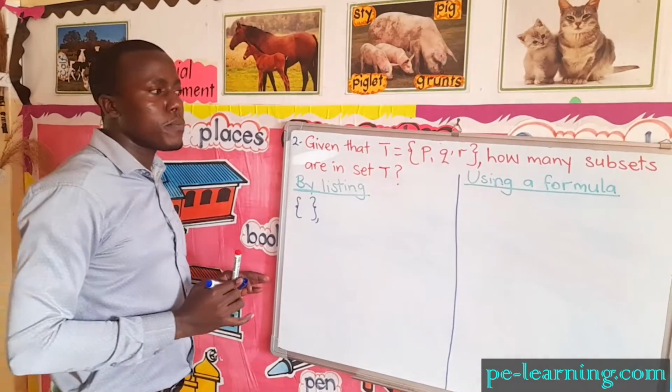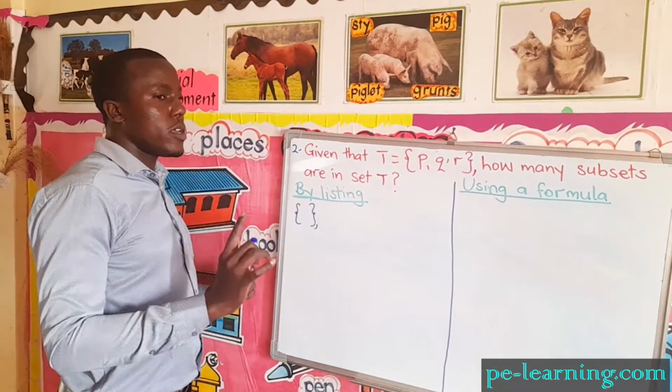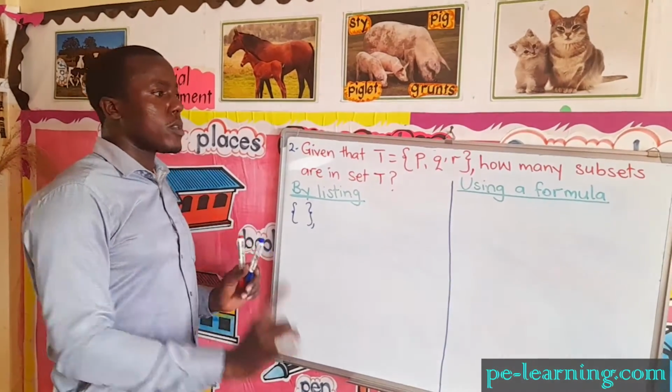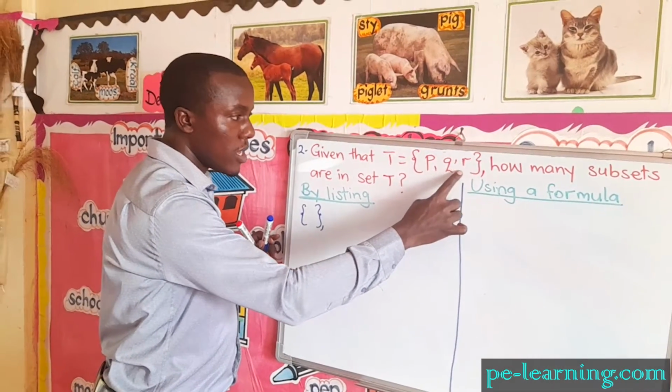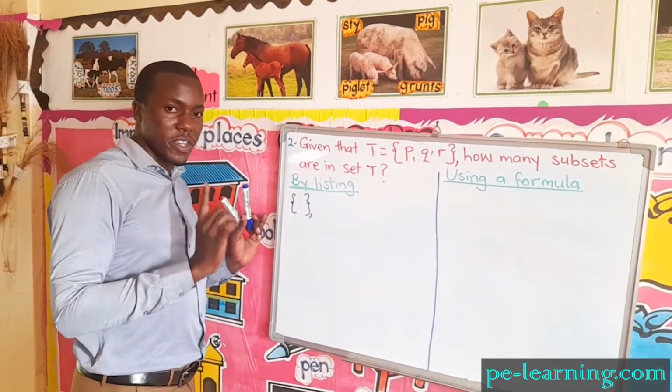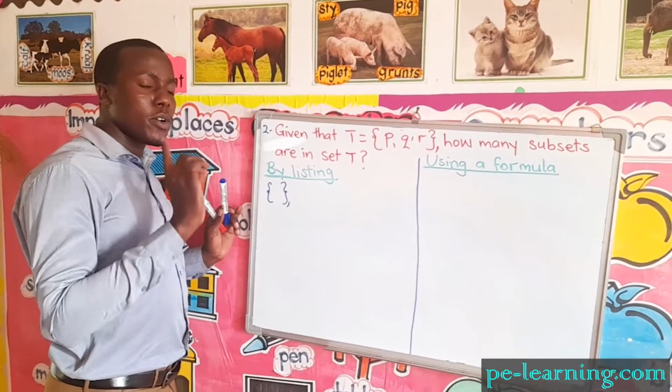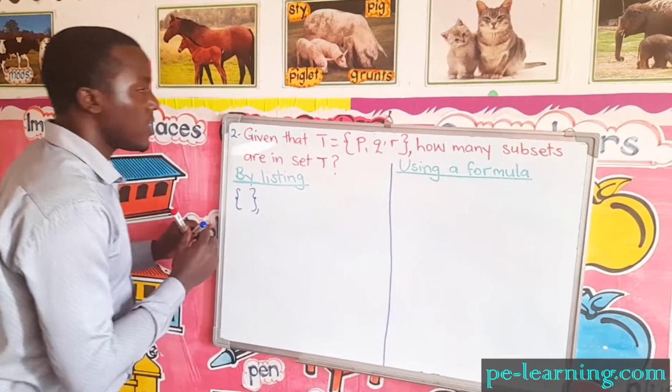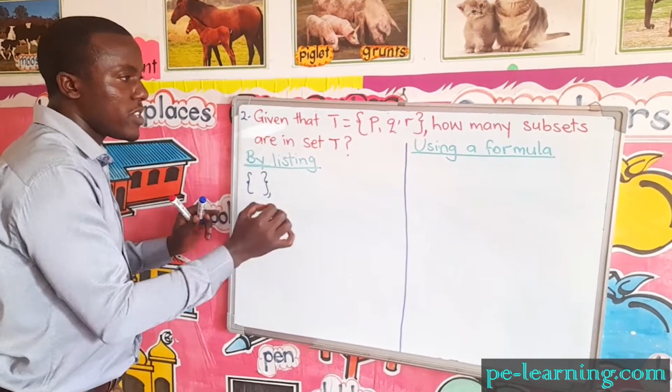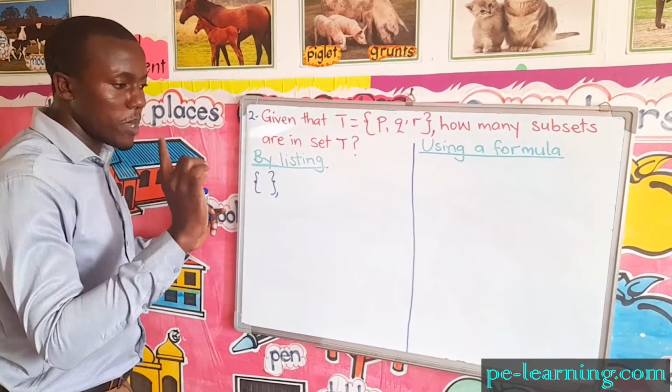Put a comma there. Now here, the first thing you are going to do: each member forms a subset. So let us form subsets using one member.